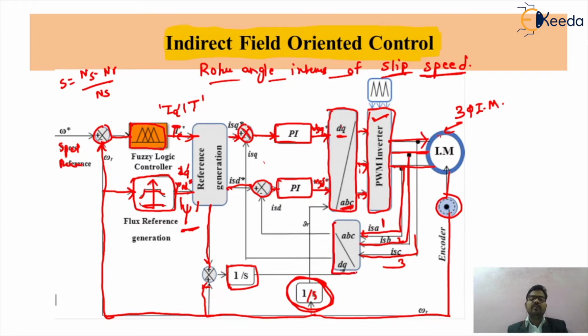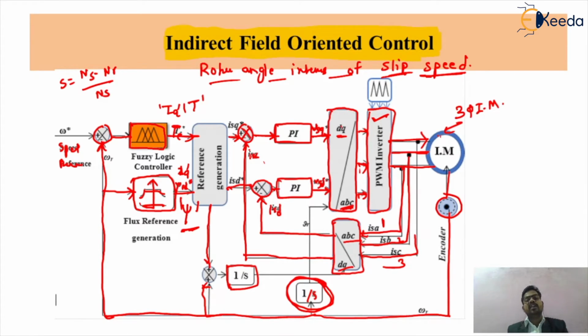In that particular three phase block, we are converting the three phase ABC quantity into DQ quantities, and now we are giving the reference value to that particular summing point. Your d-axis component is called ISD, where ISD is the direct axis stator value of your current. Similarly, we are getting the value of ISQ. It will be the value of your quadrature axis stator current. So we are giving the input to that particular summing point.